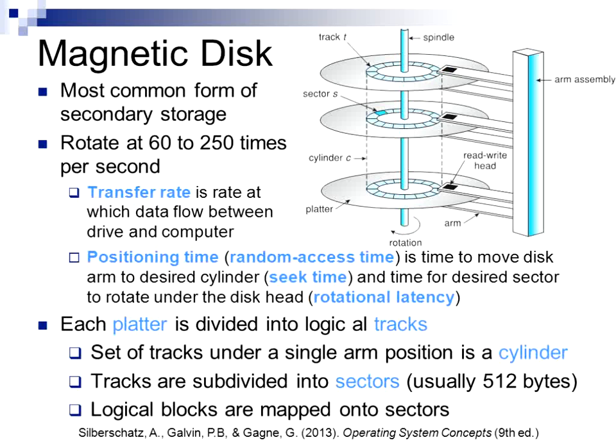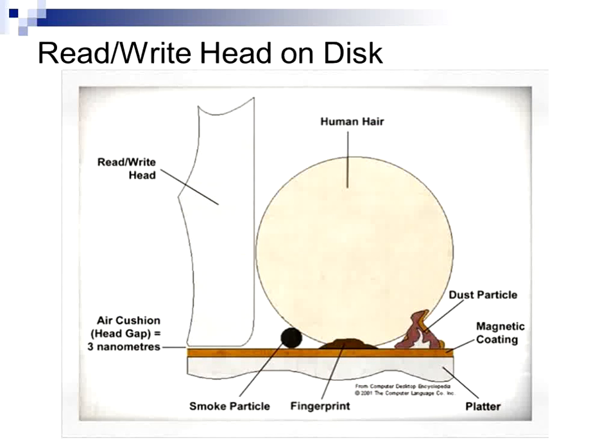Okay, and I have a cool graphic here of what this would look like enlarged many, many times. If this is your read-write head, and this is your platter with the magnetic surface on it, there's this little tiny gap in between your read-write head and the actual platter. And that's so small.